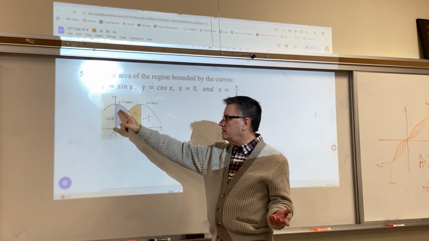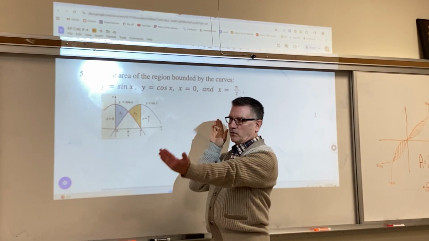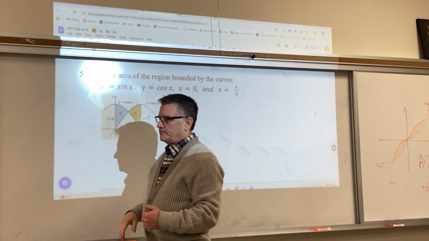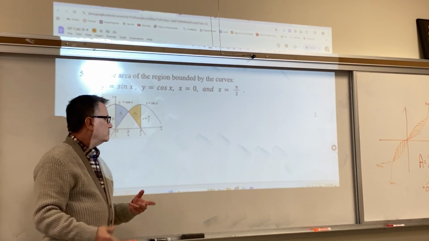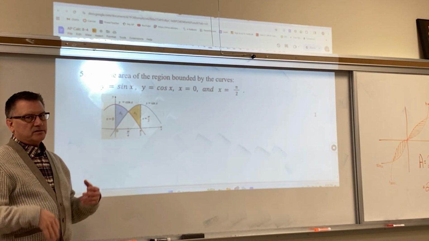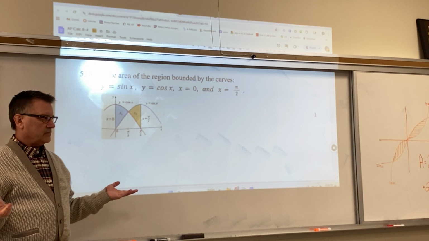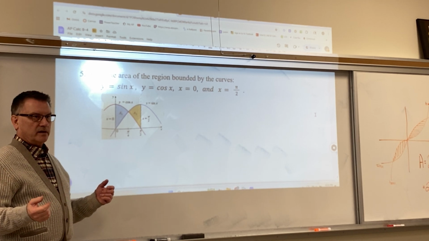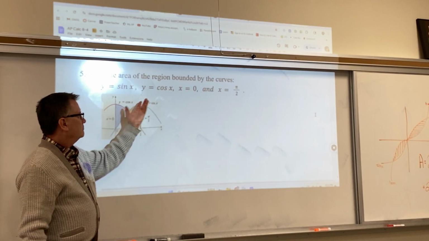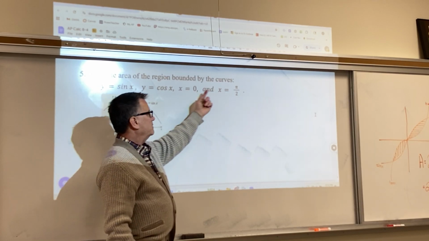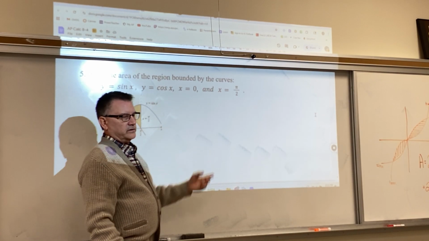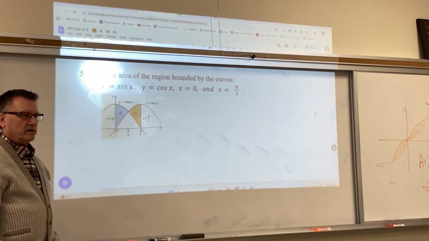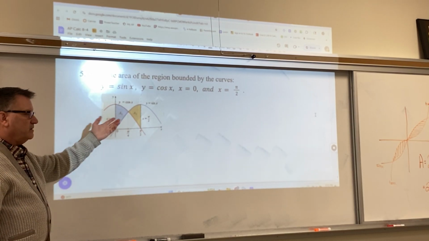This one's on top here, but it's on bottom over here, and they want that whole interval. How do I find where that changes? Set them equal to each other, right? Same thing if they just say find the area in between two curves and they don't give you an interval, you gotta set them equal to each other and figure out where they intersect.